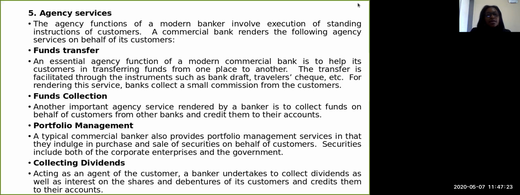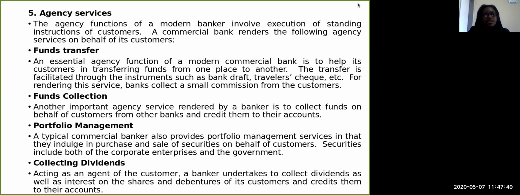A commercial banker also provides portfolio management services in that they engage in purchase and sale of securities on behalf of their customers. Securities include both those of corporate enterprises and the government.